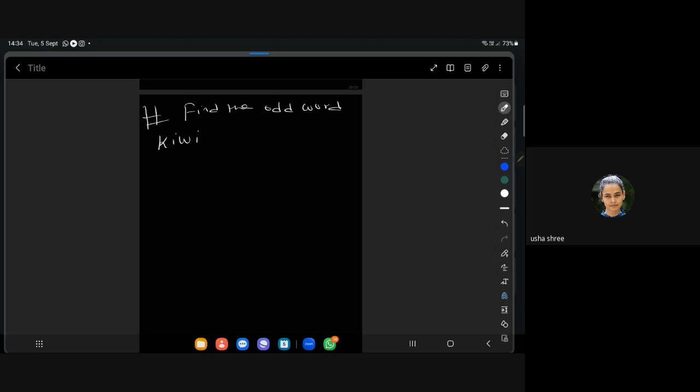Suppose kiwi, then eagle, then penguin, then ostrich. Kiwi is also a fruit and a bird, but all the other three are just birds. There's no confusion about that.